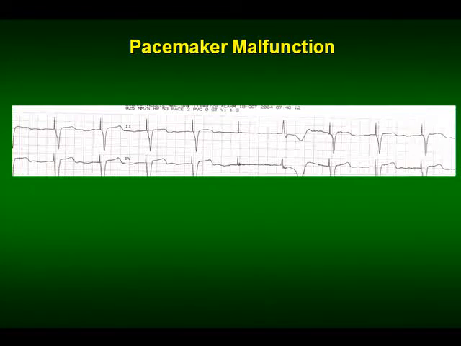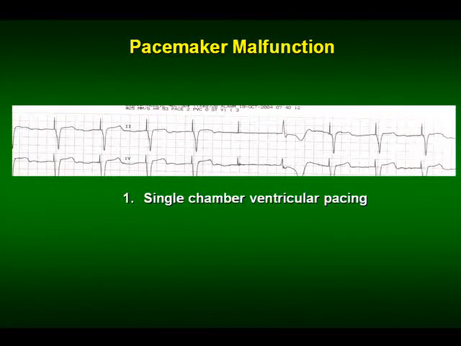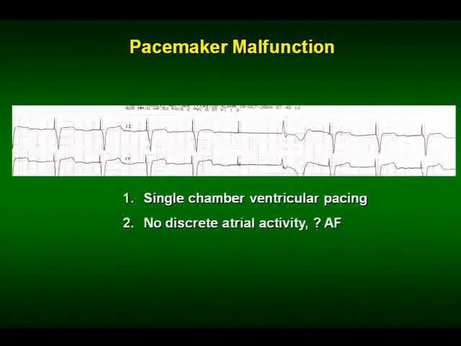So what can we diagnose here? Well, we only see spikes associated with one chamber, so we guess it's single chamber ventricular pacing. We look at the atrial activity on the rest of the cardiogram, and it looks like it's atrial fibrillation. We don't really see discrete P waves marching through here, so we guess it's AF.